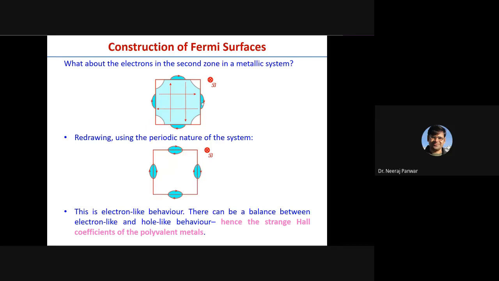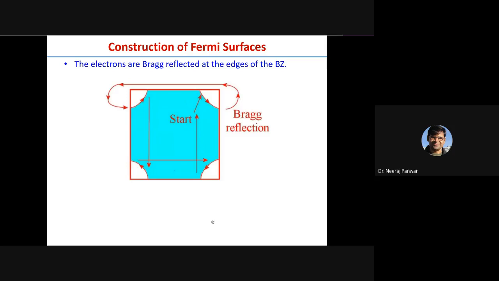This portion can be translated here, and this portion can be translated here. So you can see that the electron is moving on a surface of constant energy in the second Brillouin zone also. This is electron-like behavior, and here it is hole-like behavior, and hence the strange Hall coefficient for certain polyvalent metals. The last slide is also very important.